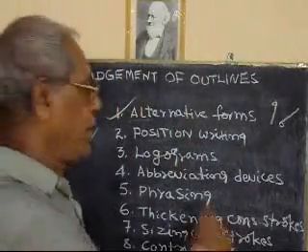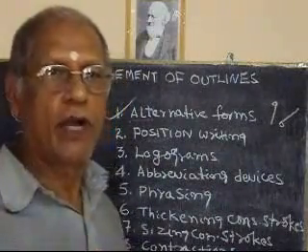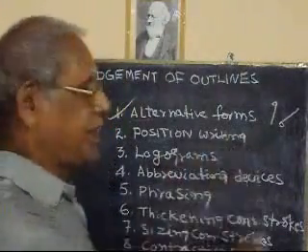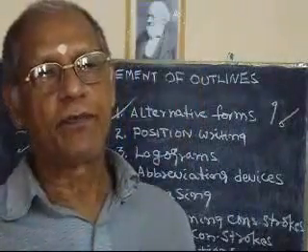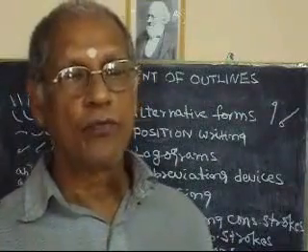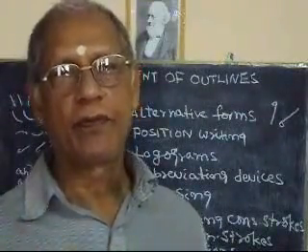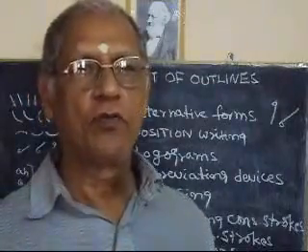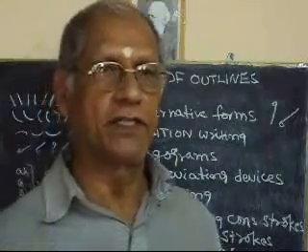Then, the second method of writing the outline quickly is position writing. We have introduced this method. The outlines are written in three positions. So, whenever we look at the outline by its position, we can easily read, even if the vowel signs are not placed.